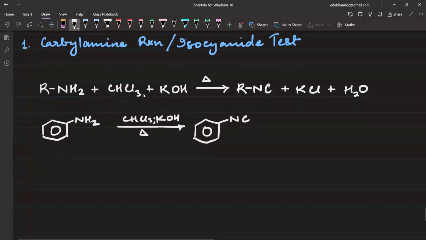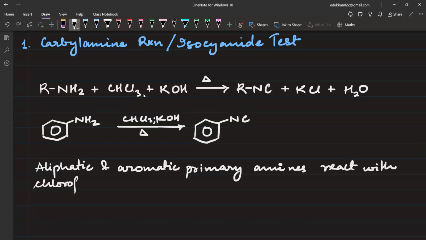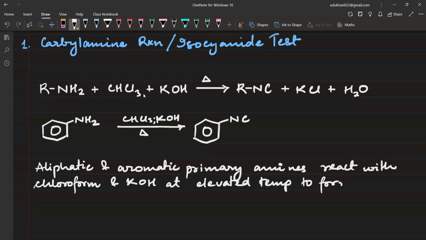So you'll write a point: aliphatic and aromatic primary amines react with chloroform and potassium hydroxide at elevated temperature to form isocyanide.